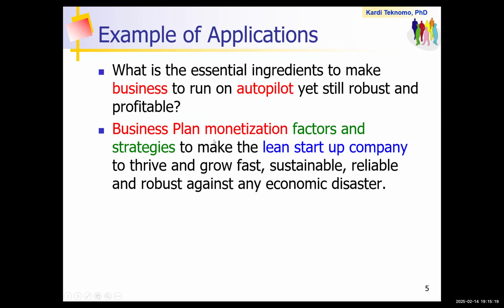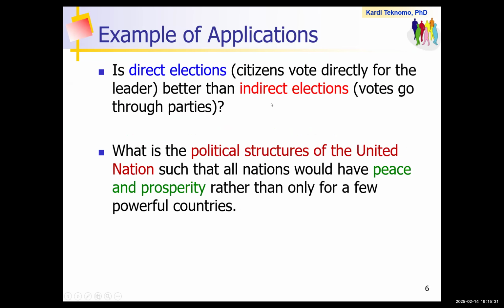How to make the business plan, monetization factors and strategies, for example, to create a lean startup company. In an actual political structure, is direct election, where citizens vote directly for the leader, better than indirect election, where the vote goes through parties?